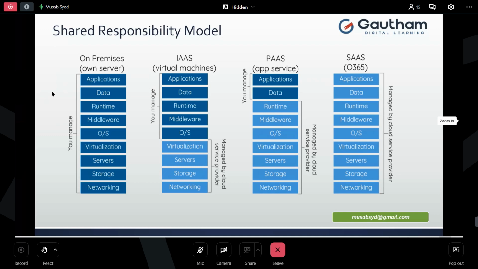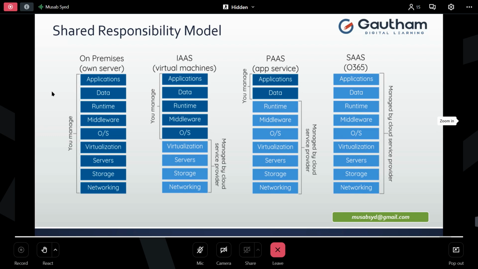So as you move deeper into cloud, your responsibilities reduce and their responsibility increases. Now, guys, if we have less responsibility, do we work freely or in a tense environment? Obviously, freely.